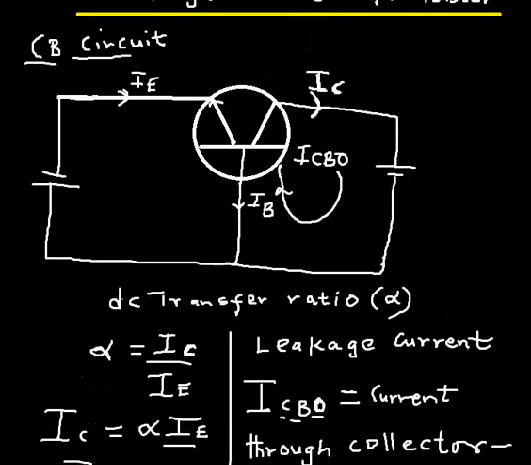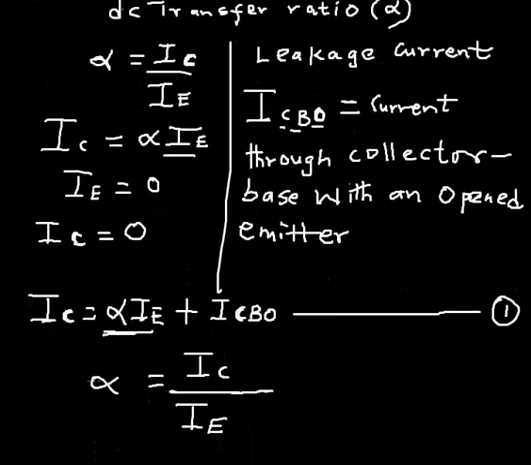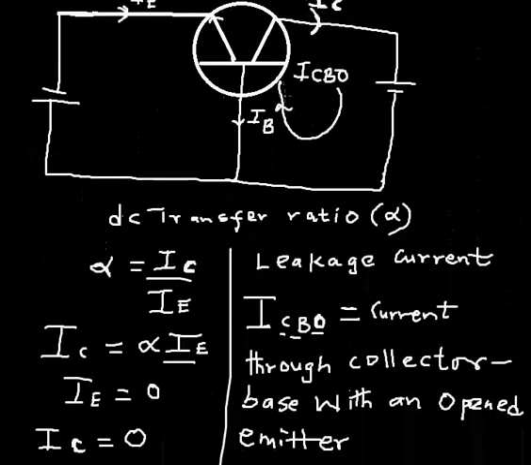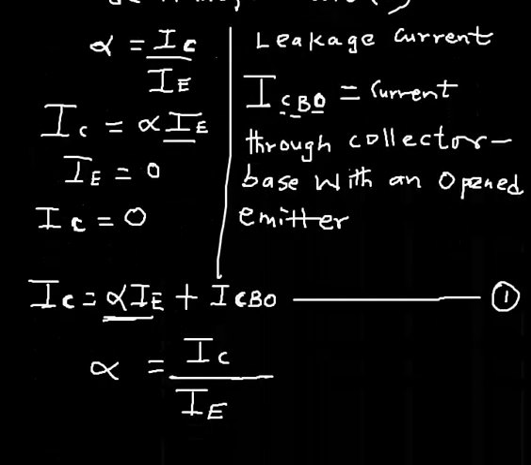The leakage current is not part of my transfer ratio, because alpha is called the DC transfer ratio. Why is it called that? It is the ratio of the input that was transferred to the output. Since at the output I have a current that was not transferred, I have to subtract it from this IC.